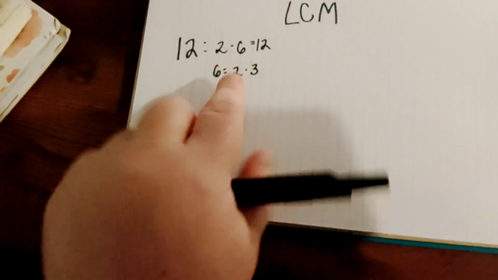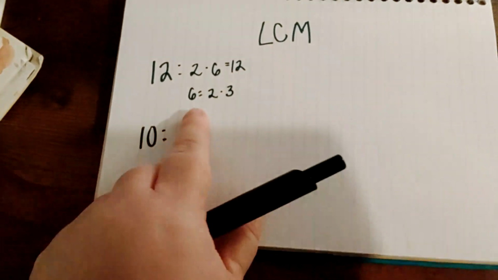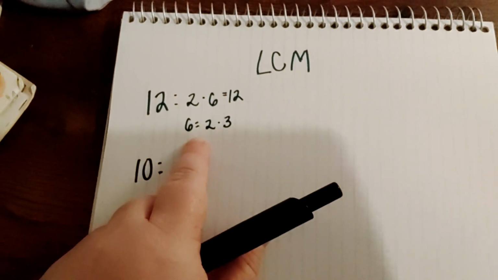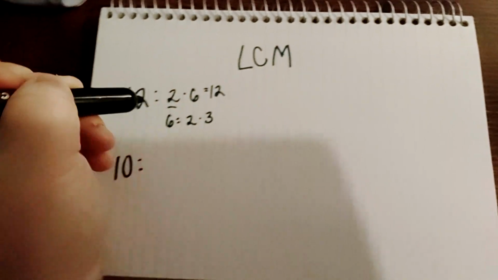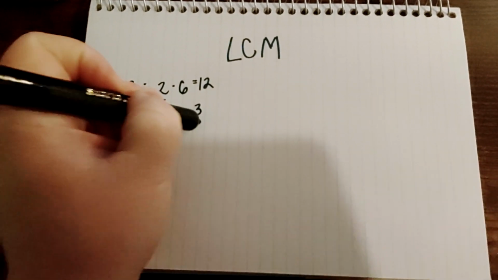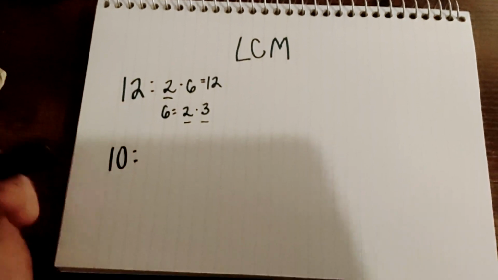So we need to come down here and break apart 6 using prime numbers. We can say 2 times 3. So far we have a 2, a 2, and a 3. Okay, I like that.